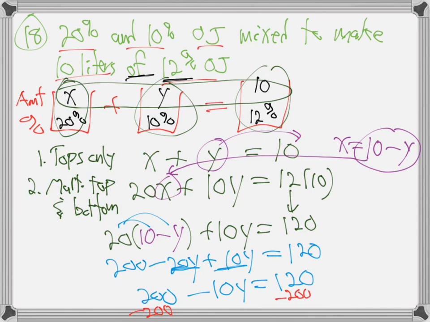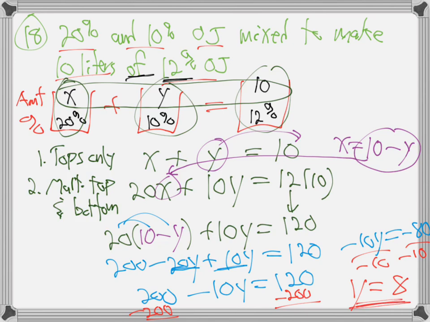Subtract 200. So minus 10y is, what's that, minus 80? Minus 80. Can you read that okay? Divided by minus 10. So y is 8. So we got y is 8.